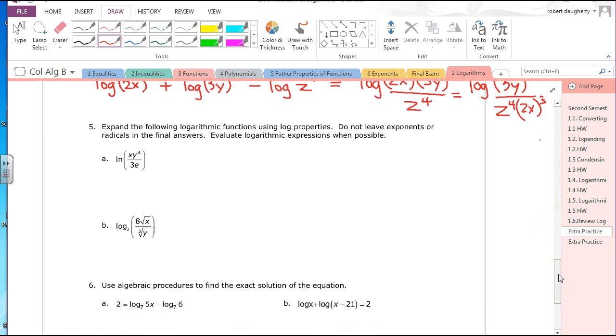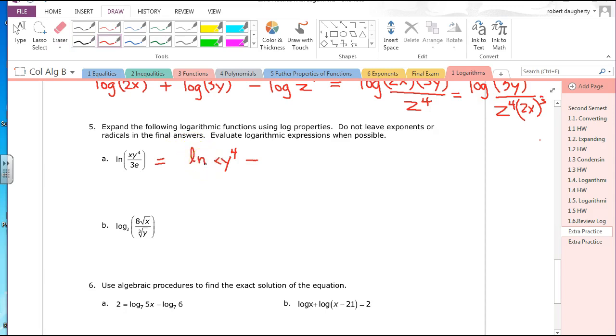Let's expand the following logarithm expressions using log properties. Do not leave exponents or radicals in the final answers. So this is going to be the log. If I use the product rule, quotient rule, this is xy to the 4th minus, and let me back up. This is the natural log.